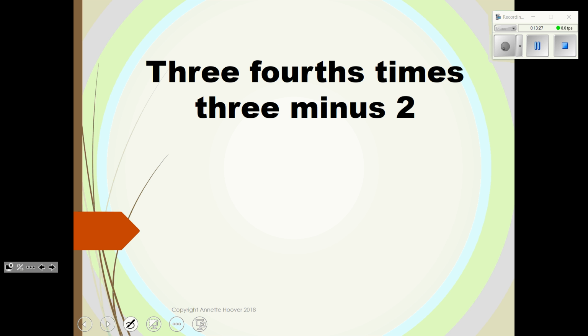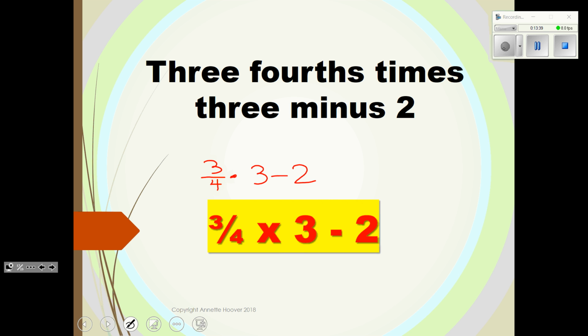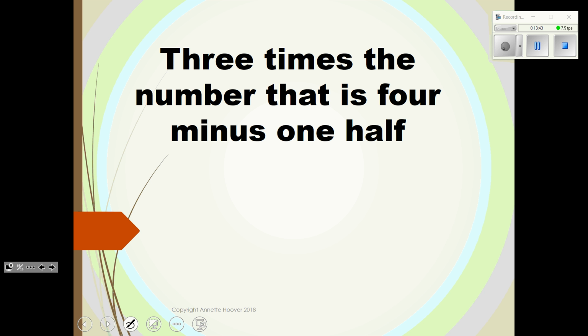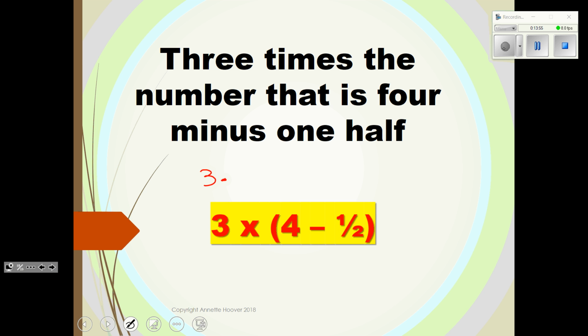There's 1/2. 3/4, so we have the fraction 3/4 times 3 minus 2. That one was very straightforward. 3 times the number, that is 4 minus 1/2. So again, that one's pretty straightforward.